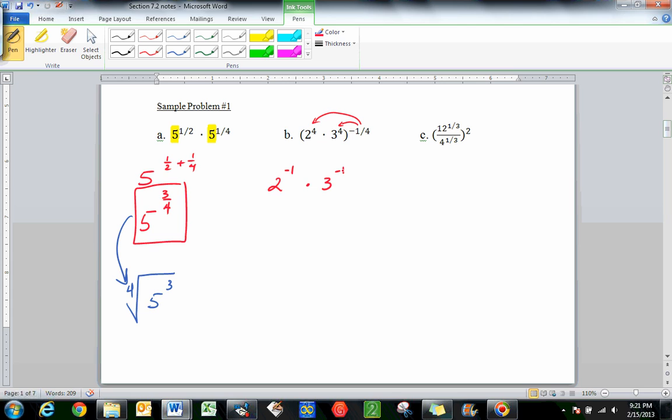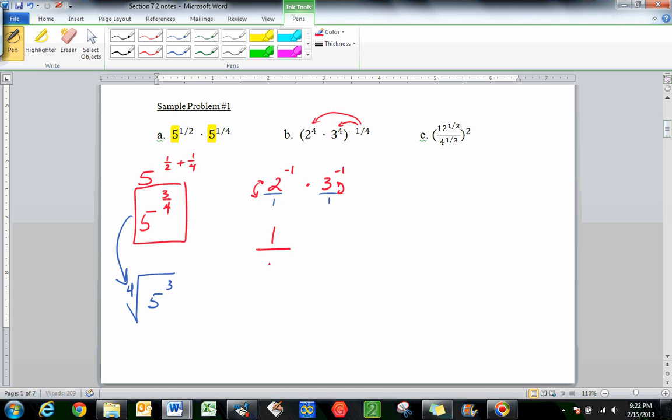Now, one of the things that's going to be a common expression in your directions is to leave all your answers with a positive exponent. So before we do that, this is understood to be over 1, understood to be over 1. And so to make this a positive exponent, we can just flip the two values.